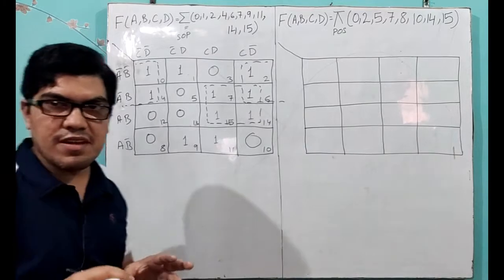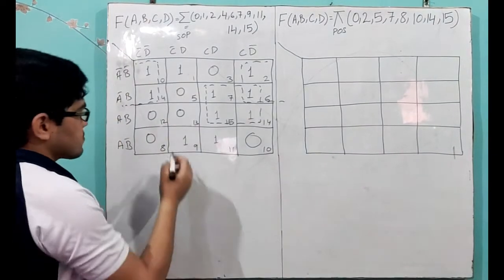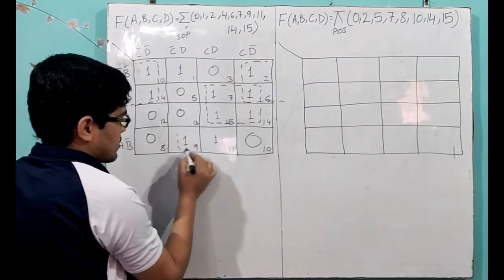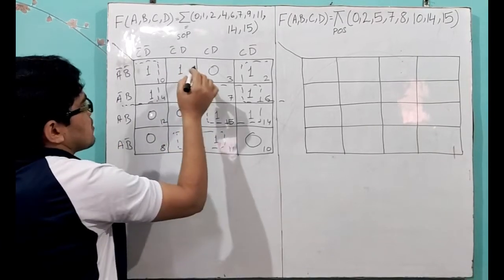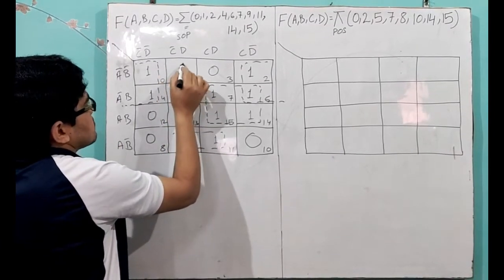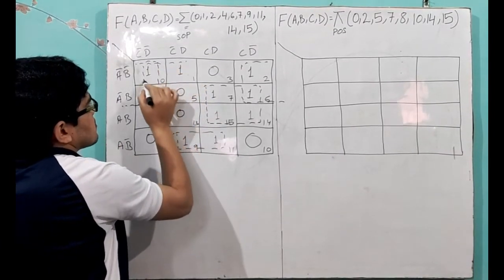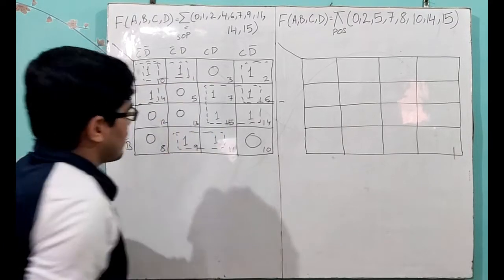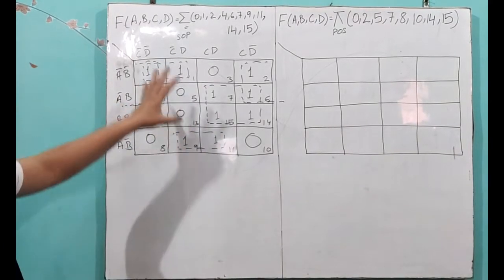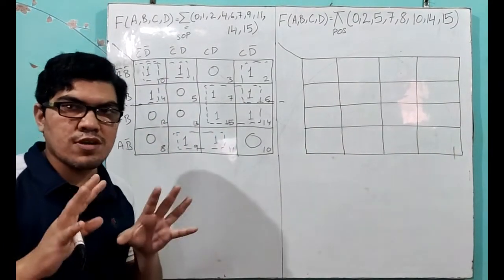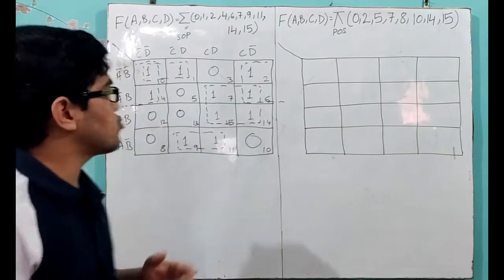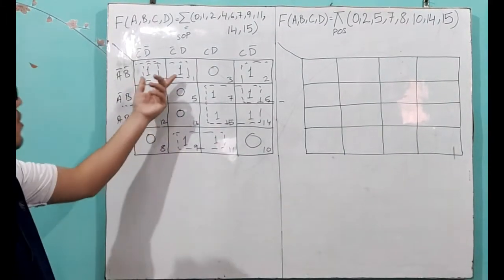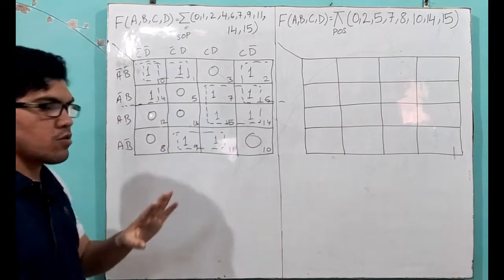Okay, so now we will go with pairs. We can make one pair, and this we can take with this. Now in these pairs, if you look carefully, we can come up with many solutions. One pair, second pair.